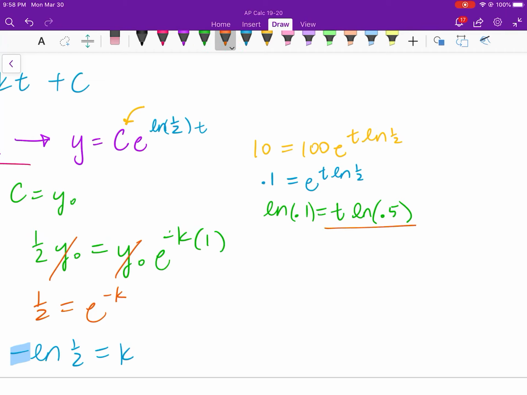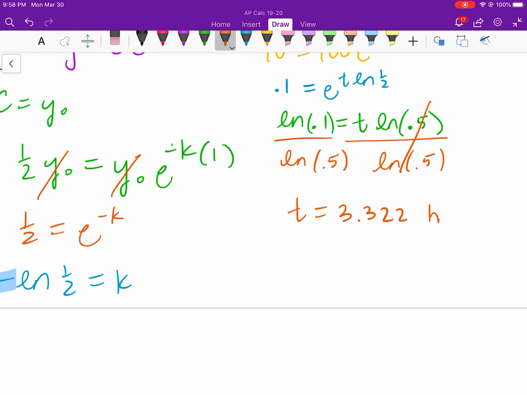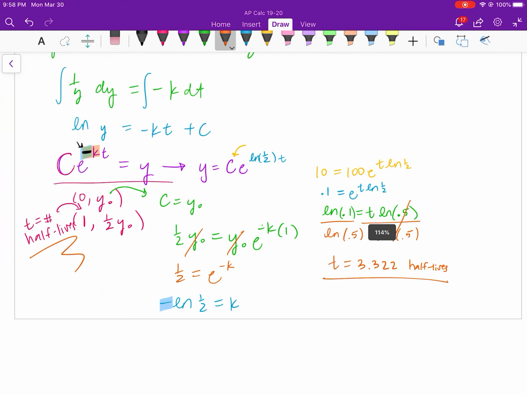And then we divide both sides by the number attached to our variable, which is the natural log of 0.5. So when we do that and we just plug it directly into our calculator, we find that that's going to take us about 3.322, and remember our units for t, 3.322 half-lives.